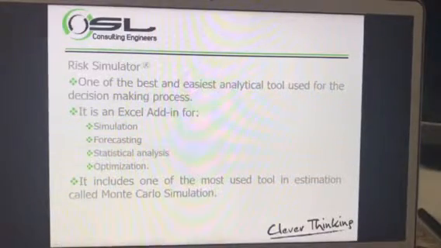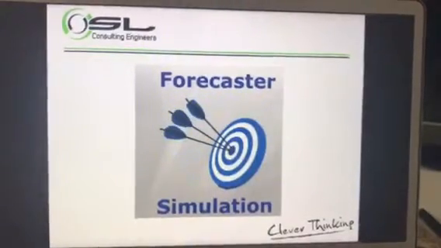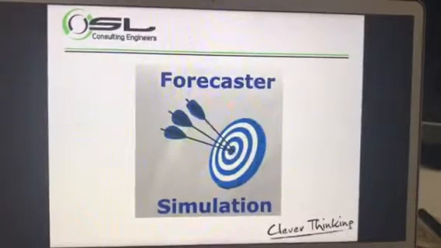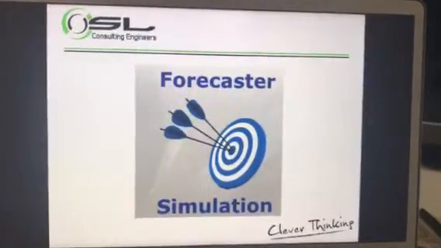We can discuss the statistical analysis of the data, for example, what would be the mean, the standard deviation, the kurtosis, and the skewness of a variable, and also the optimization process. The main objective of a forecaster is to throw the darts into the target.